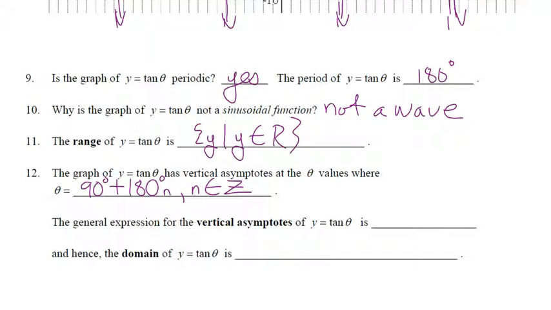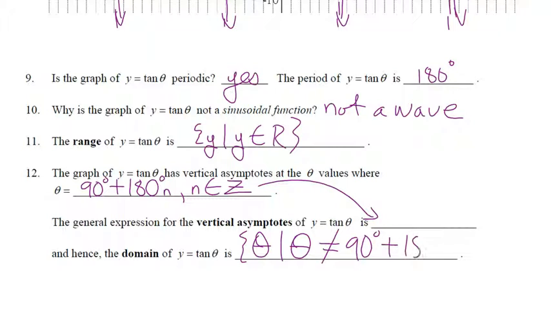The general expression for the vertical asymptotes of y equals tan theta is what we just did, so just take this and put it down there. And hence, the domain of tan theta is the set of all theta such that theta is not equal to 90 degrees plus 180n degrees, where n belongs to the Z's.